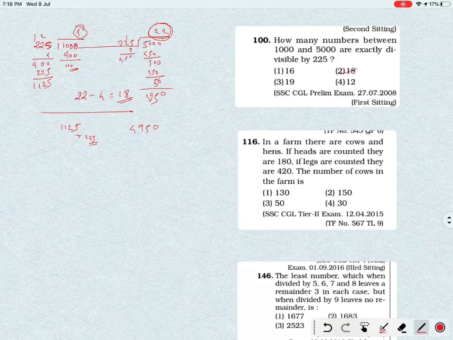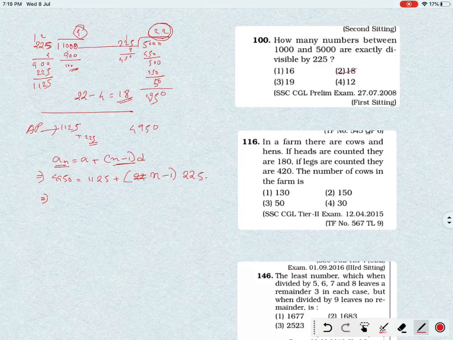So this has become an AP now. We need to find a_n = a + (n - 1)d. All of you are familiar with this formula. a_n is the last term, 4950, equals 1125 plus (n - 1) times 225. We have to find n, and d is 225.